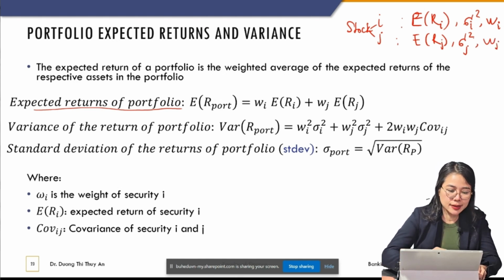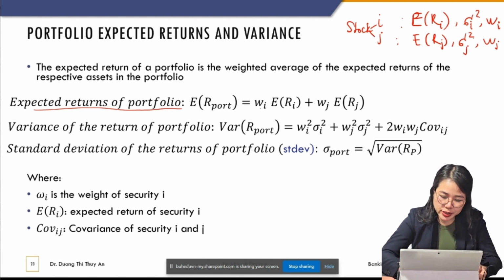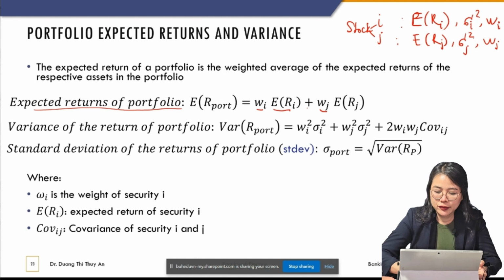This is the expected return of the portfolio, which equals the weight of stock I multiplied by the expected return of stock I, plus the weight of stock J multiplied by the expected return of stock J. Makes sense, right?